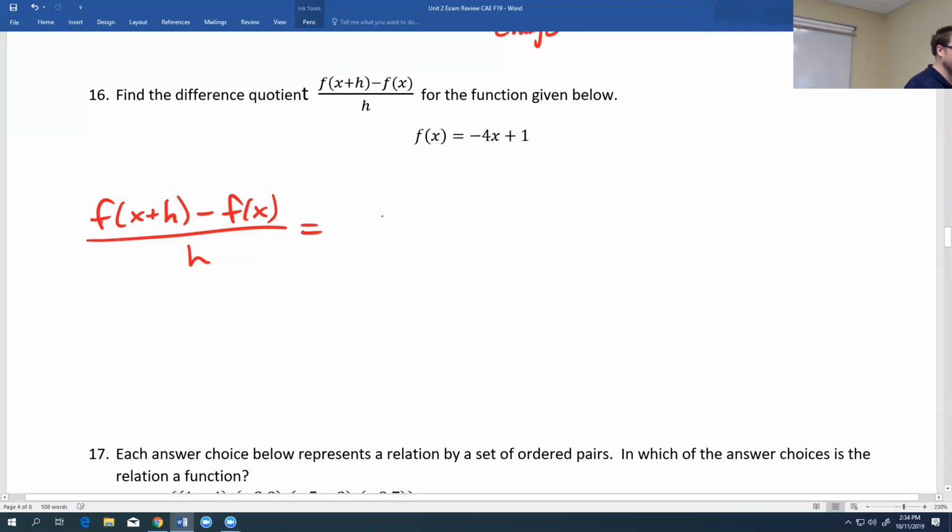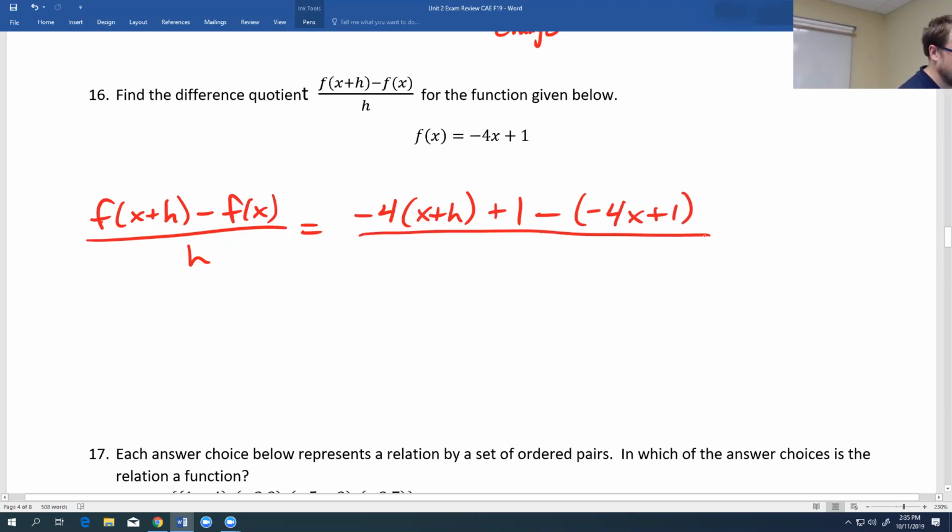Okay, so then f of x plus h: all I do is write down f of x and replace every x I see with an x plus h in parentheses. Okay, minus the original function. Well, if it's got more than one term, I have to put parentheses around it. Let me clarify that. And now I'm just going to start distributing and simplifying.